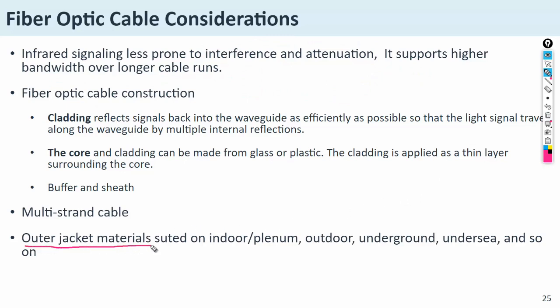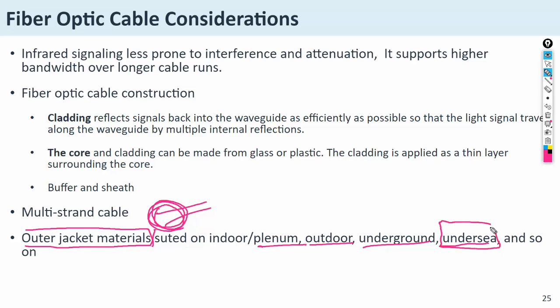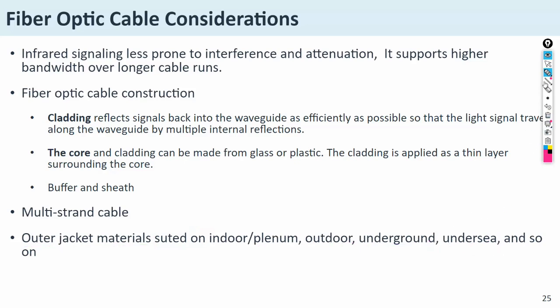There is also an outer jacket required over the cable, because it is suited for plenum, outdoor, underground, undersea and so on, because fiber optical cable is used for passing data through the sea.